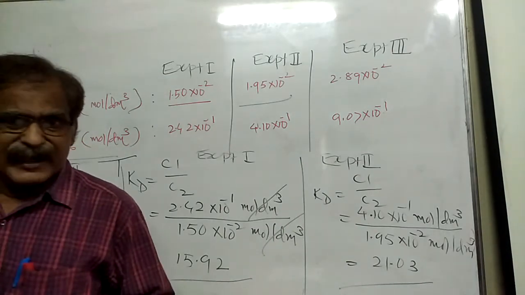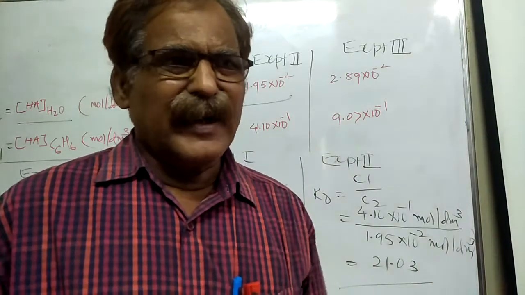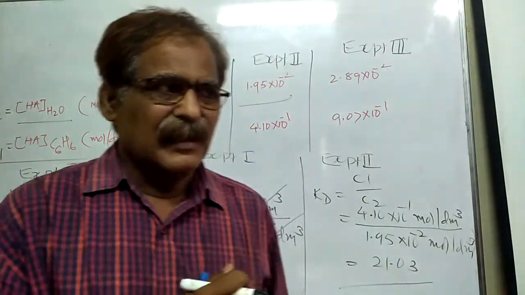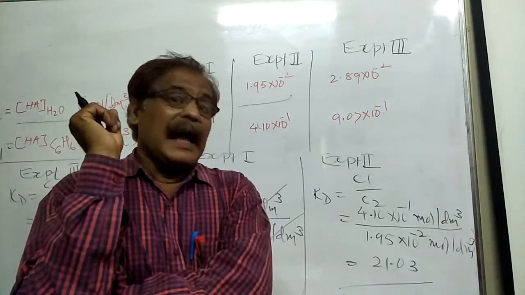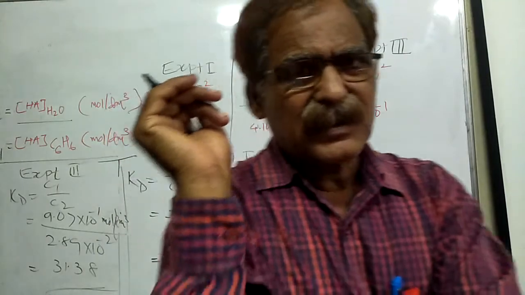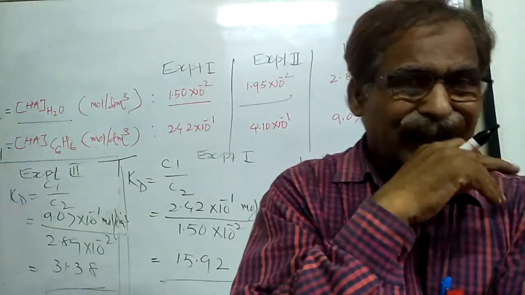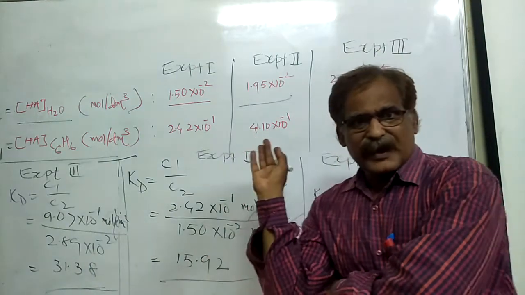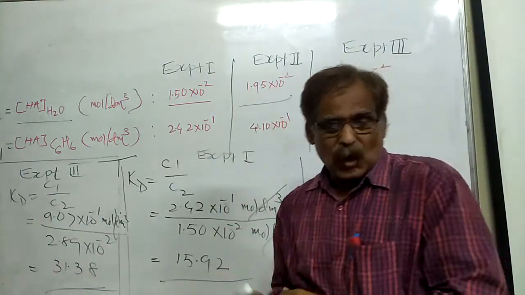This clearly indicates that the solute under examination, in this case the acid HA, does not exist as a normal molecule in both the solvents. It must be undergoing association in either of the solvents.